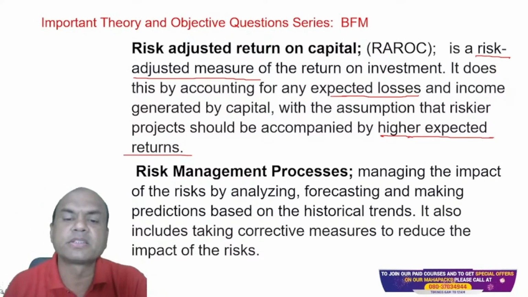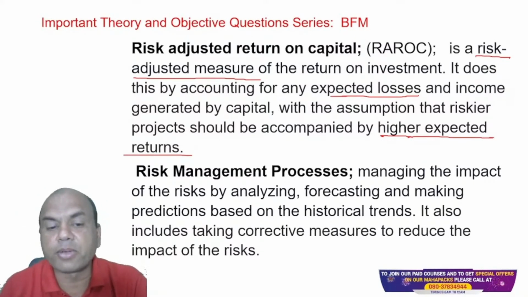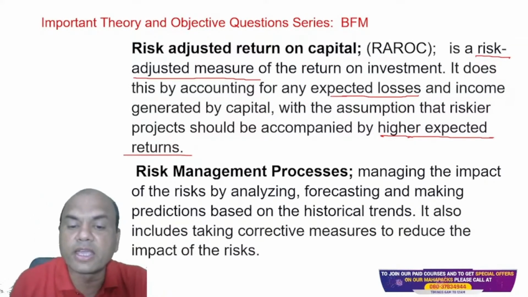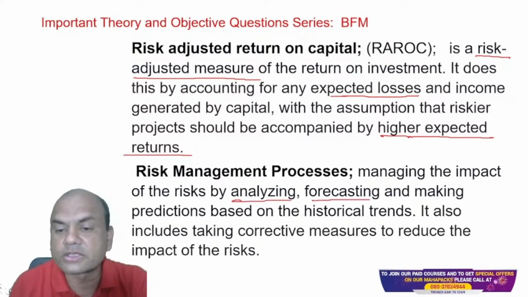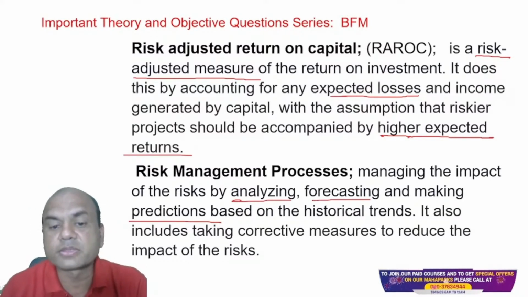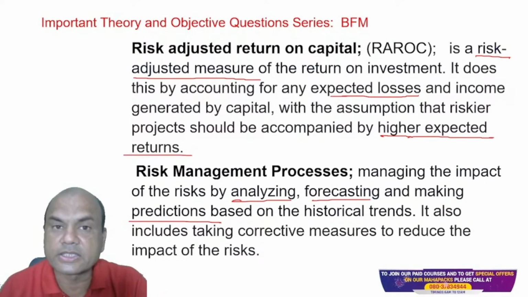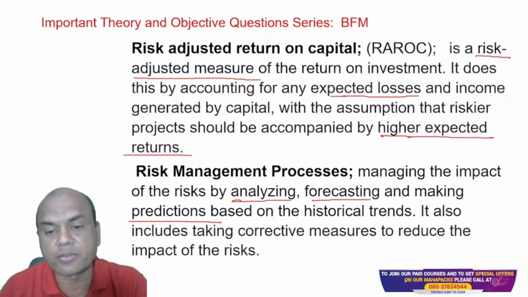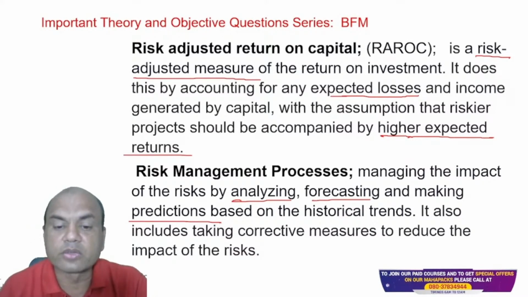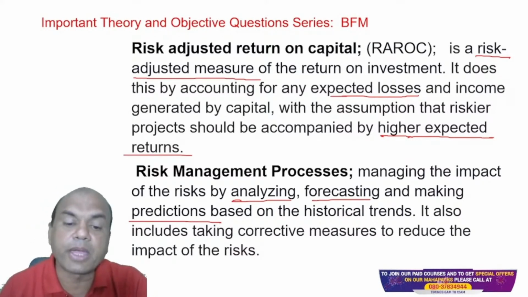So all three steps are involved in the risk management process. First is analyzing, second is forecasting, third is making the predictions based on the historical trends. It also includes corrective measures to reduce the impact of the risk.